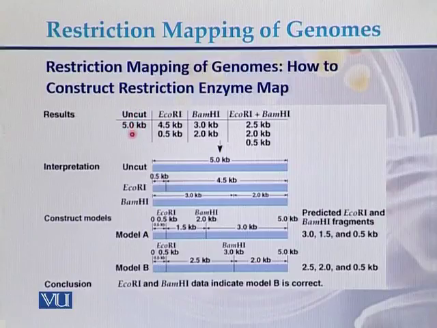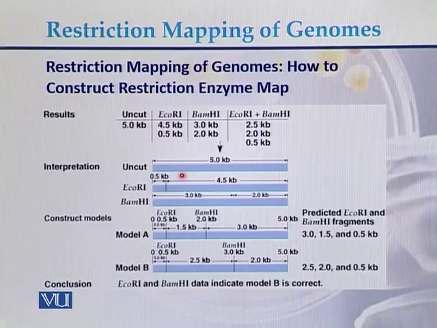When we have not cut the DNA, the size was 5 kb. When we use the restriction enzyme EcoR1, the size of the fragments was 4.5 and 0.5. With the help of BamH1, the size was 3 and 2, and with both simultaneously, EcoR1 and BamH1, it was 2.5, 2 and 0.5 kb.